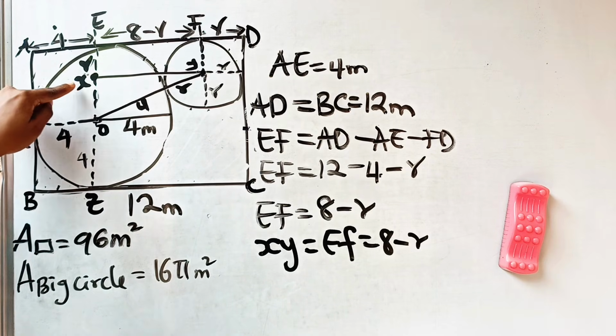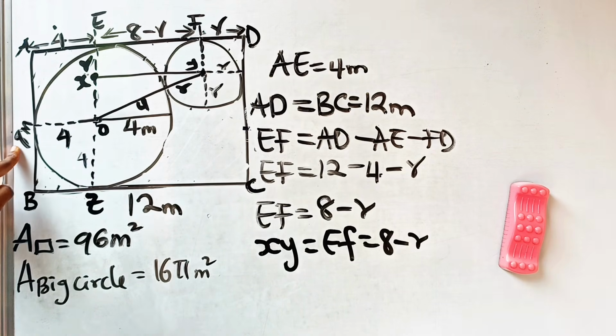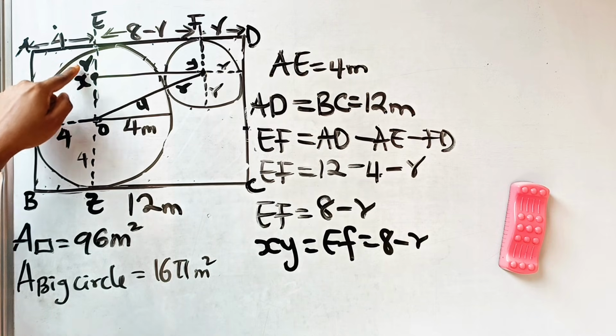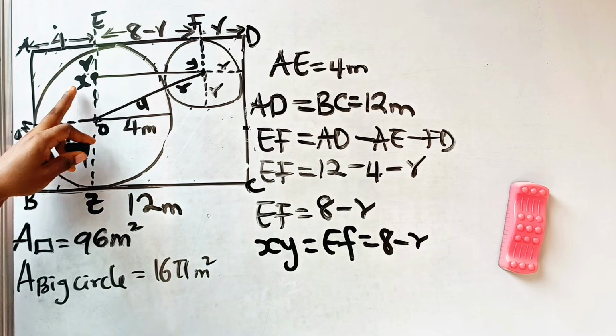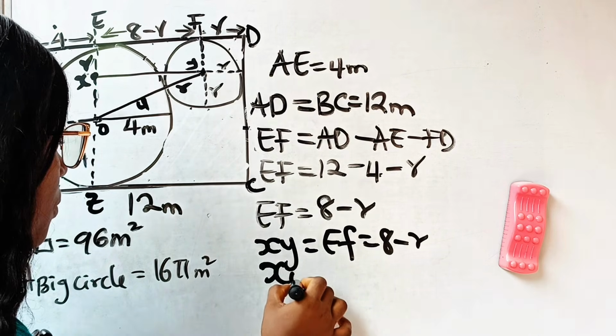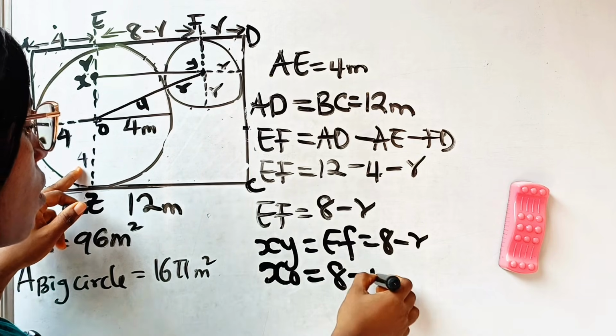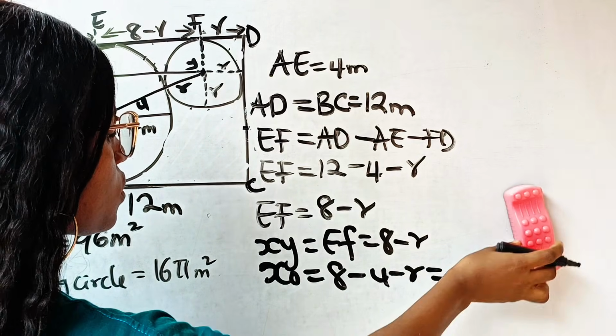Okay, so to get from X to O, it's going to be 8 minus this 4 minus this R. Remember that from here to here is R. So XO is equal to 8 minus 4 minus R, which is what? 4.